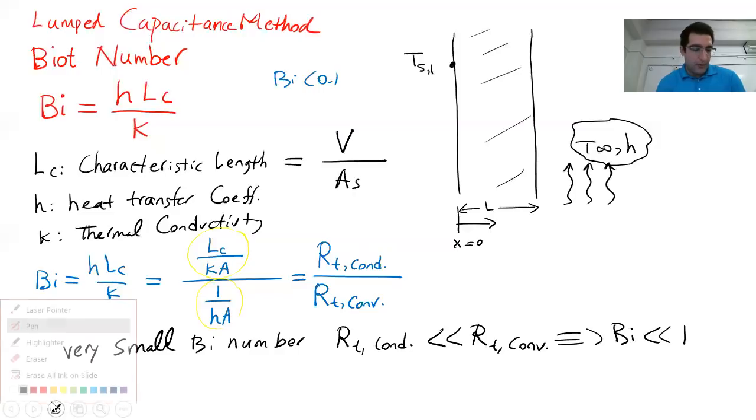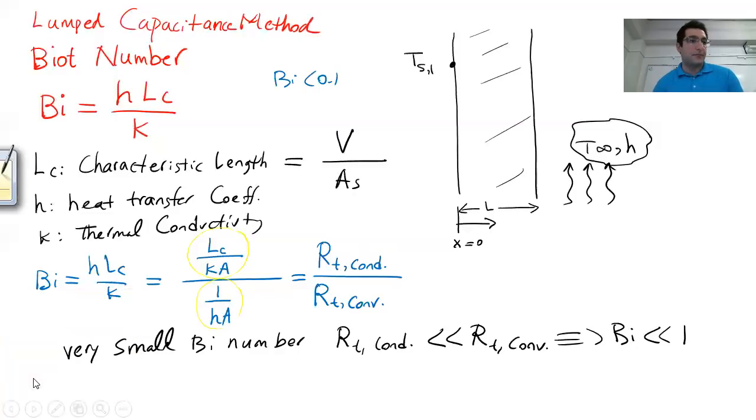Which means that if I show such a case in this wall, and the temperature suddenly changes on one side, because the Biot number is small, the temperature change inside the solid object is small. So almost no variation as you go to the right-hand side, so Ts1 is about the same as Ts2. And then of course you have heat loss by convection.